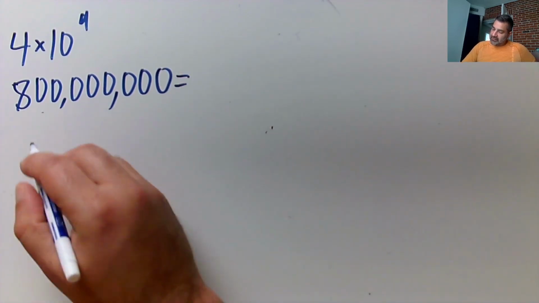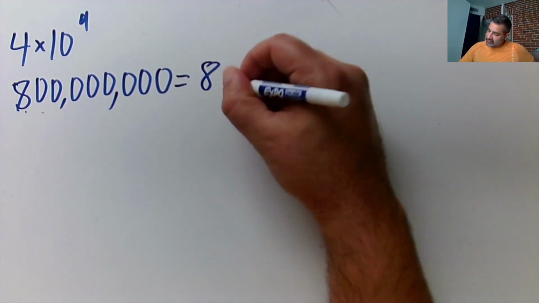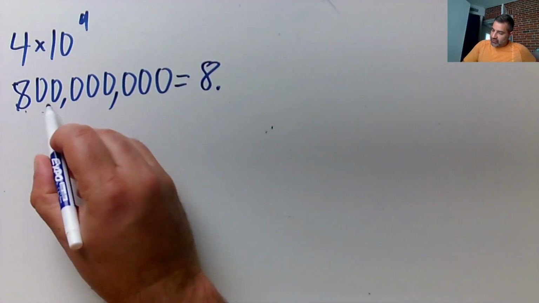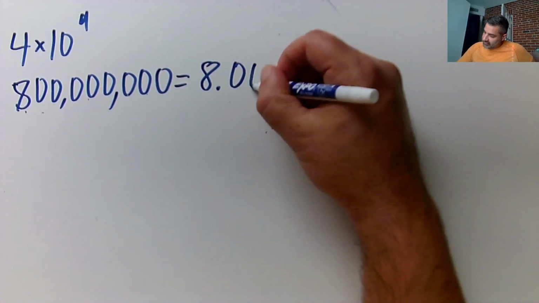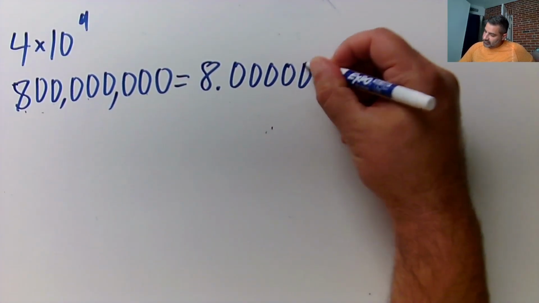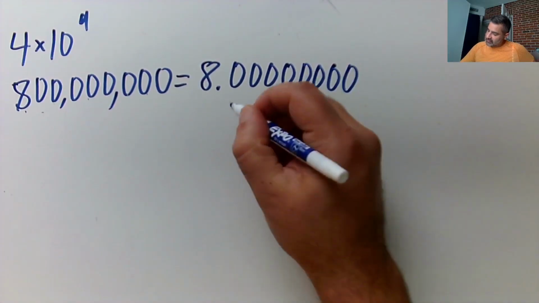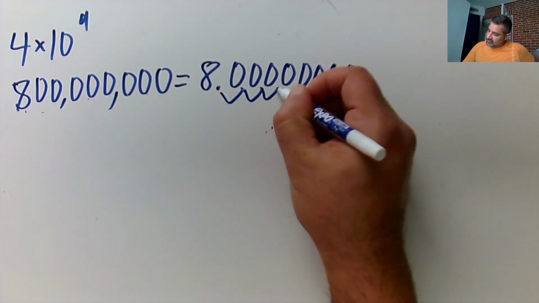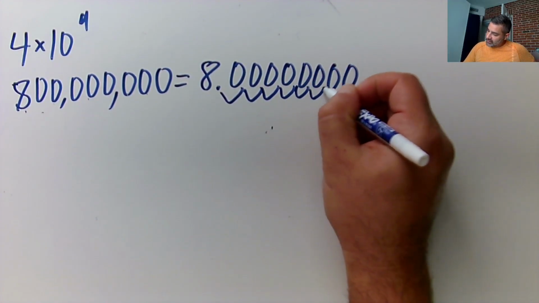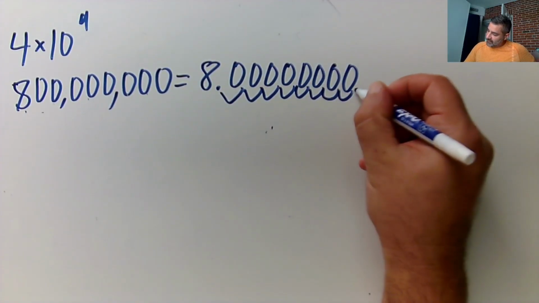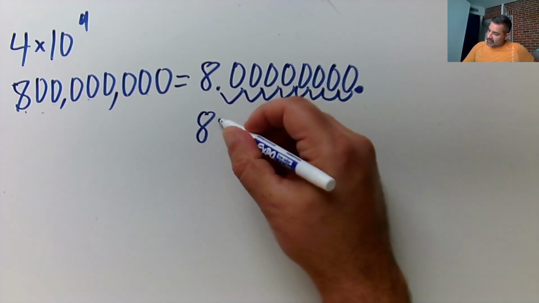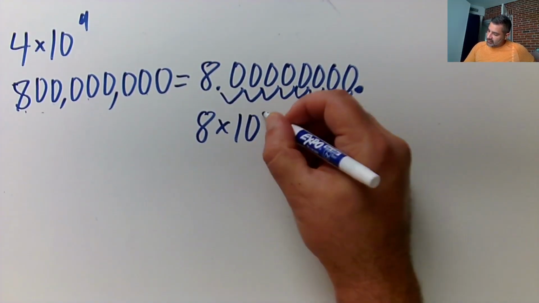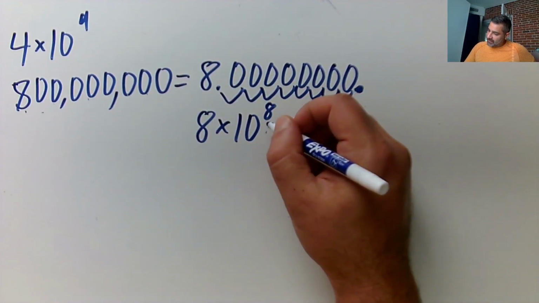We're going to take the first digit, we're going to have 8 point, and then we have 1, 2, 3, 4, 5, 6, 7, 8 zeros afterwards. I'm going to move it over 8 times to get the number we want. That would be our new decimal. And so that would be 8 times 10 to the 8th power.